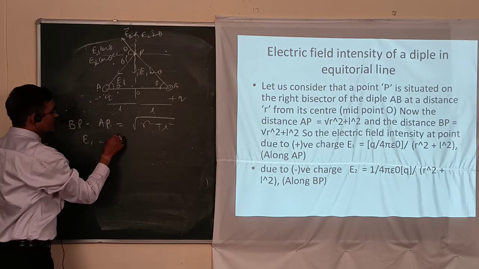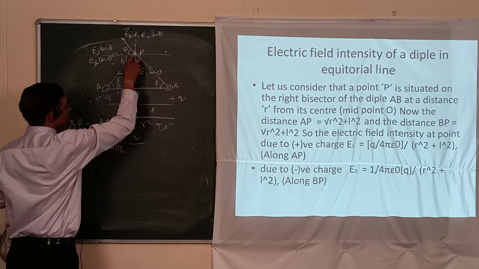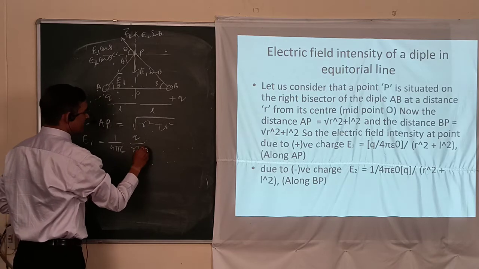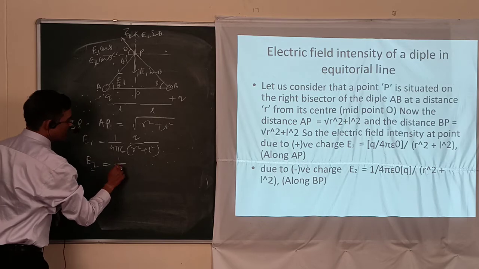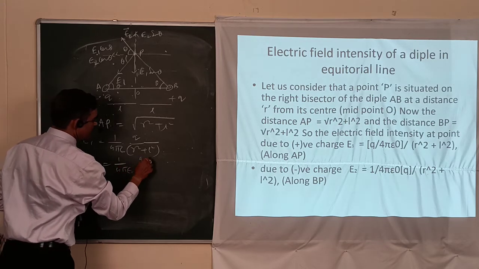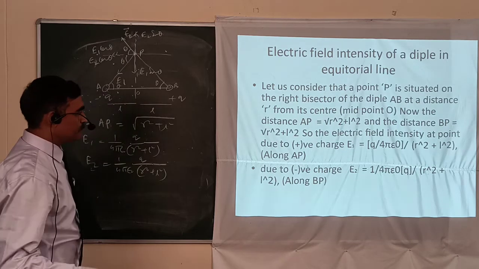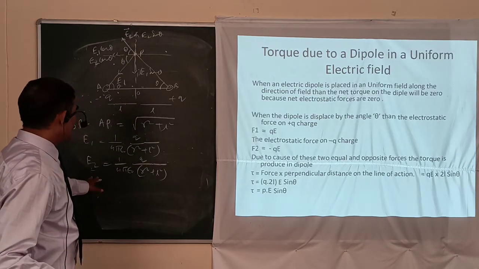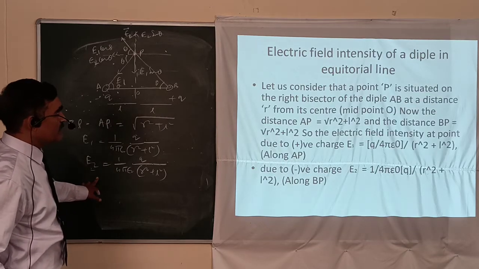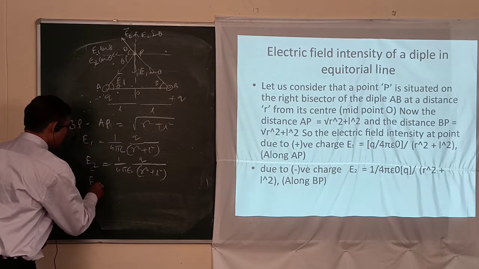The magnitude of E1 will be given by 1 upon 4 pi epsilon naught Q upon AP square, that is r square plus L square. Similarly E2 will be given by 1 upon 4 pi epsilon naught Q upon r square plus L square. After that, when we calculate the resultant electric field, we get Ex and Ey.